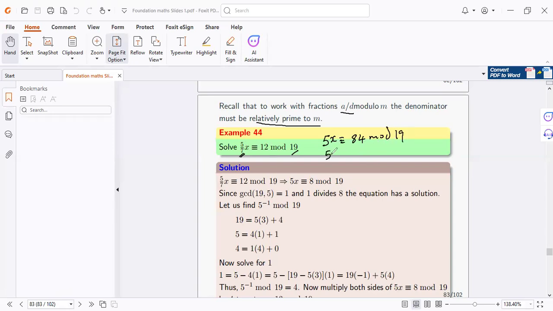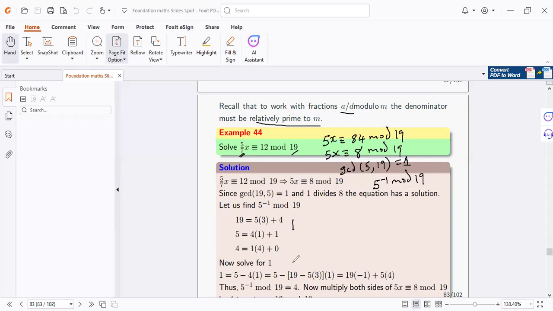I did that and found that 19 going into 84, the remainder will be 8. Now it's easier. We see that the GCD of 5 and 19 is 1, and therefore we can get the inverse of 5 mod 19.